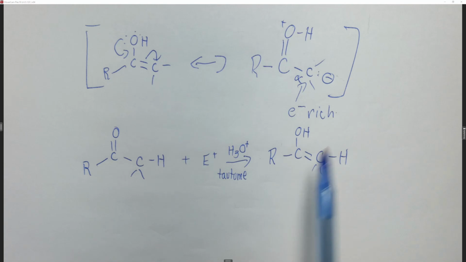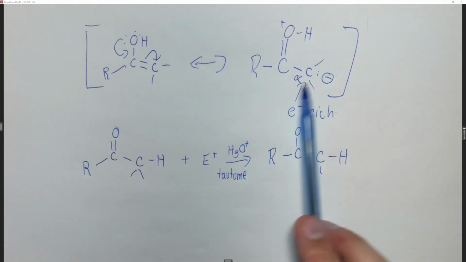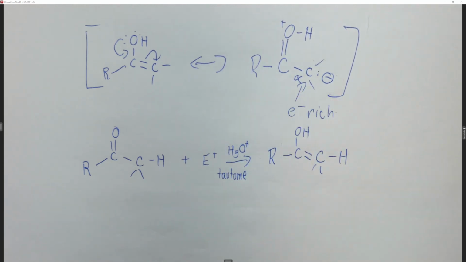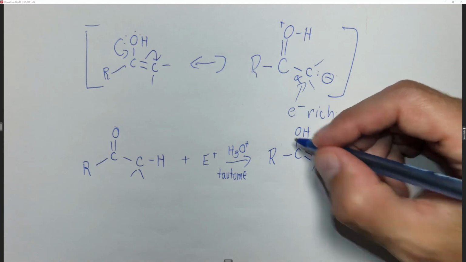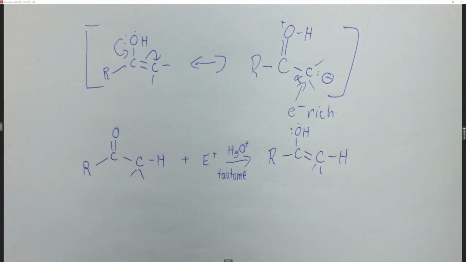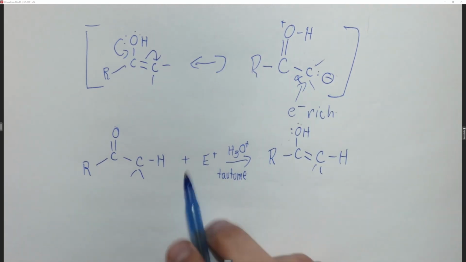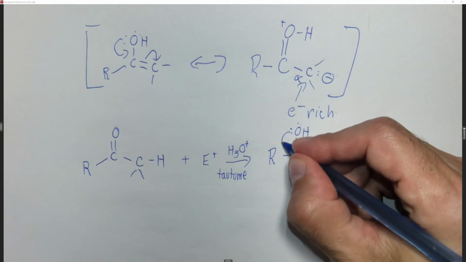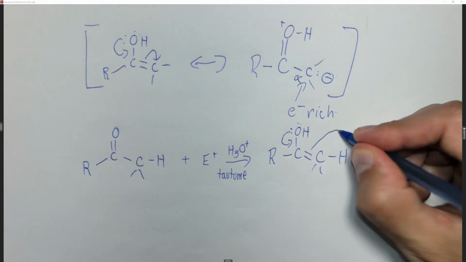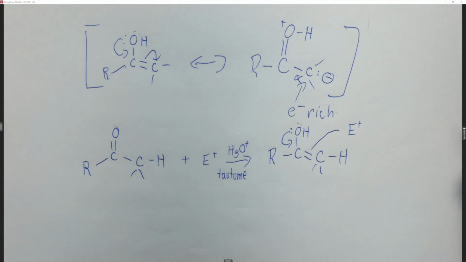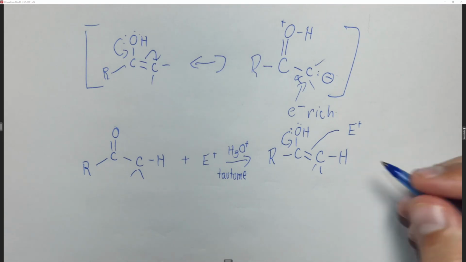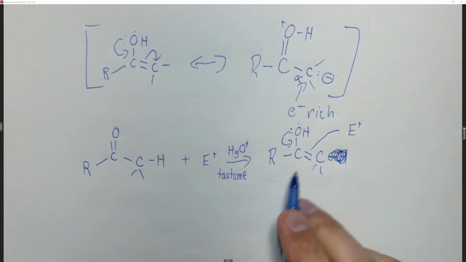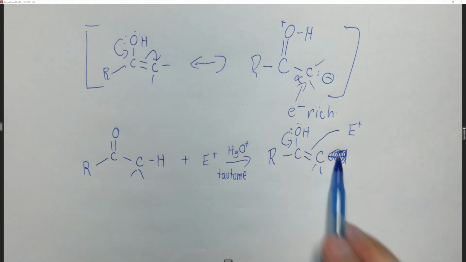Now if you want, you could write the resonance form of the tautomer. But what's typically done is this oxygen has two lone pairs. So if we want to show the mechanism of E plus adding to it, this drops in and this goes after your E plus. Okay, sorry, this H should not be here. This H is now here instead of here.